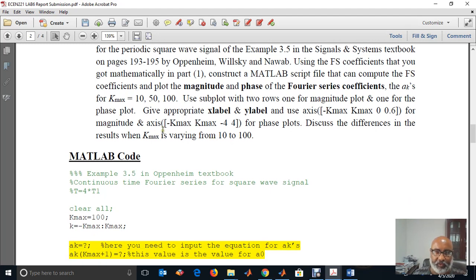You can also make axis labels, X label, Y label, and set the axis range from minus K max to K max for the X axis, and from minus 4 to 4 for the Y axis, and you can plot them. So you have to do this for K max 10, 50, and 100.